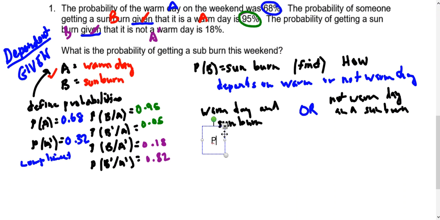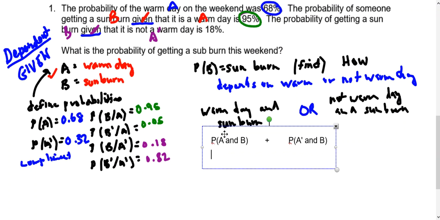I want to find the probability of A and B. And then I'm going to add the probability of A prime and B. All right.